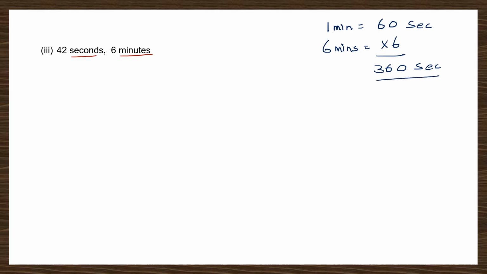So here let's write 360 seconds. And the first one is 42 seconds. So we have both the quantities with the same unit. Both are in seconds. Now let's express the first quantity as a percent of the second one. So we multiply by 100. Let's cancel whatever we can. 1 zero there and 1 zero here.